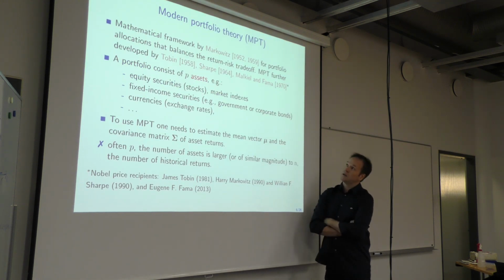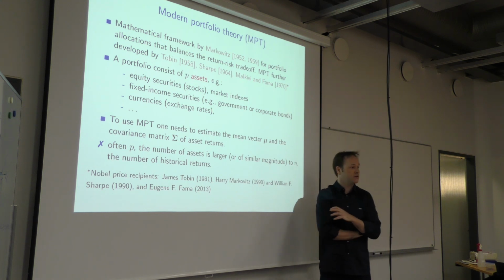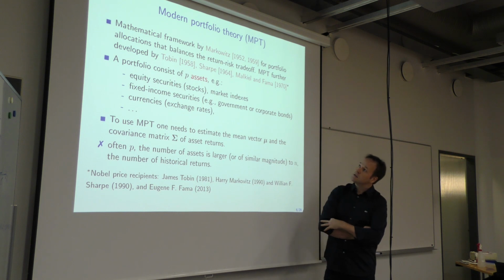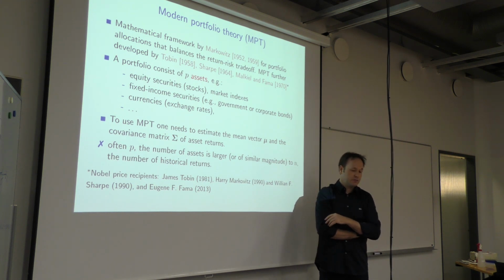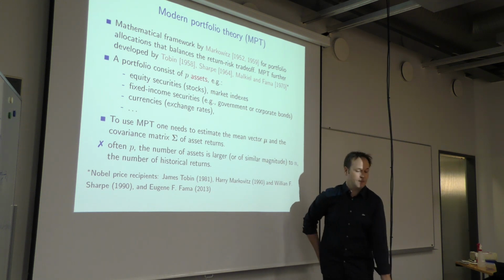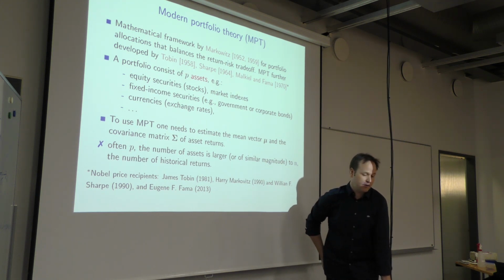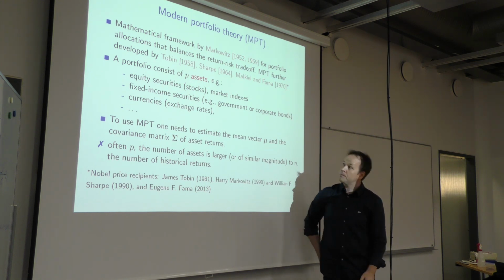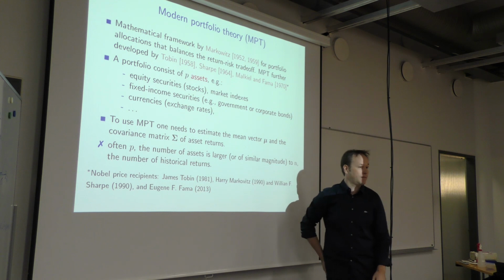I'm going to first talk about this application in finance where you need the covariance estimator. This is a mathematical framework that was put forward by Harry Markowitz in 1952, but it was further developed by James Tobin and William Sharpe and Eugene Fama.